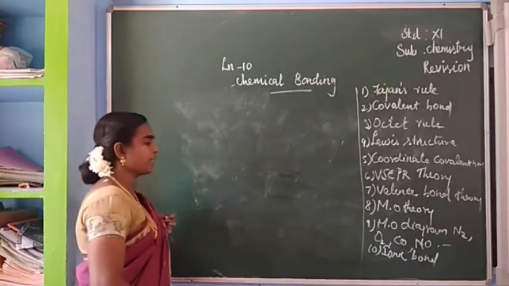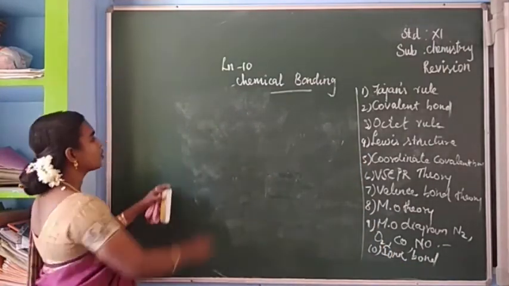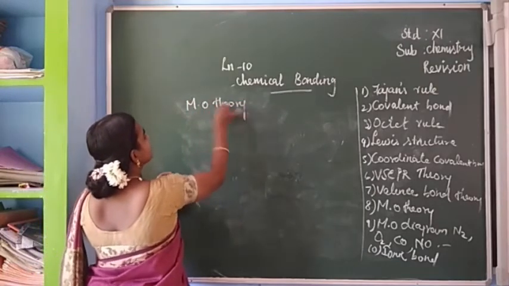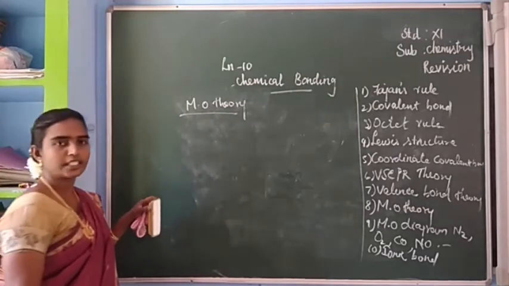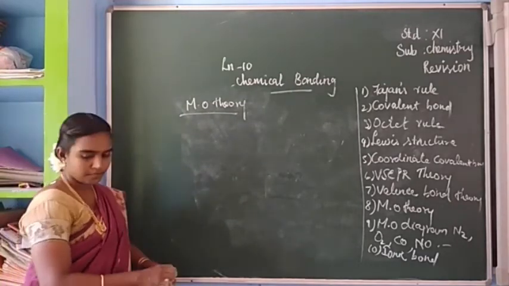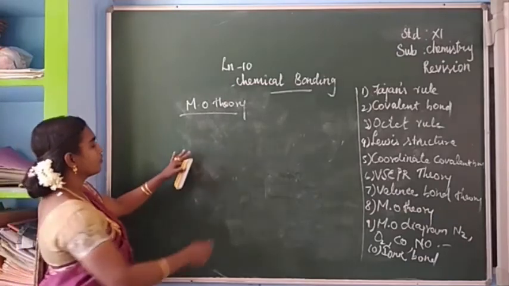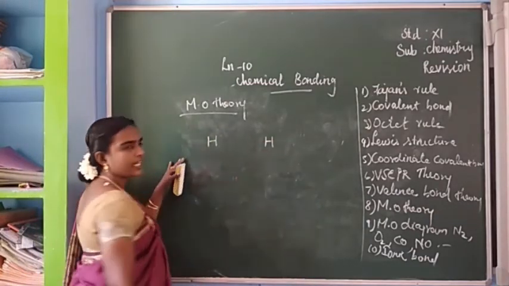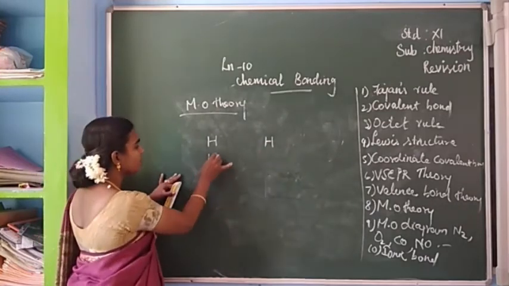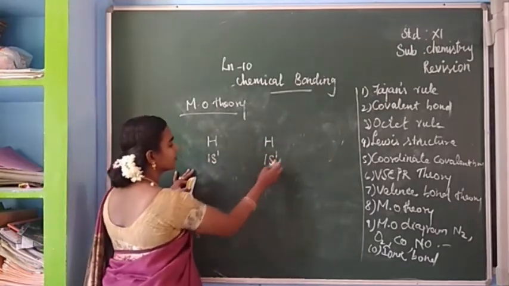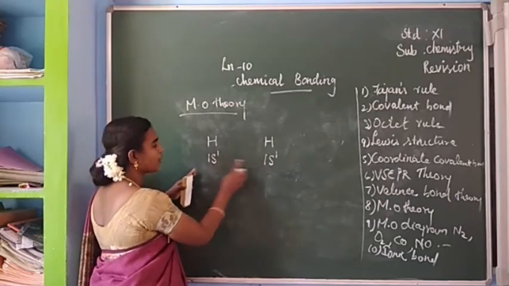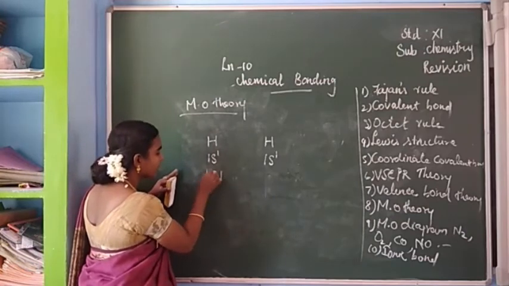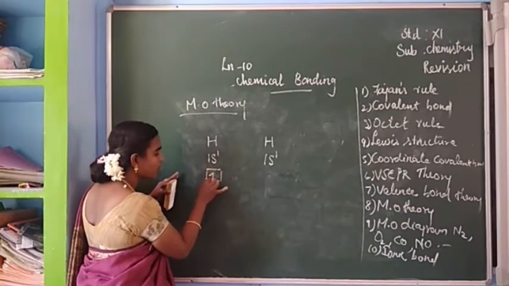Now I am going to explain MO theory, molecular orbital theory. According to this theory, two atoms, for example hydrogen, whose electronic configuration is 1s1. These two orbitals are called atomic orbitals. We can write like this, each having one electron.